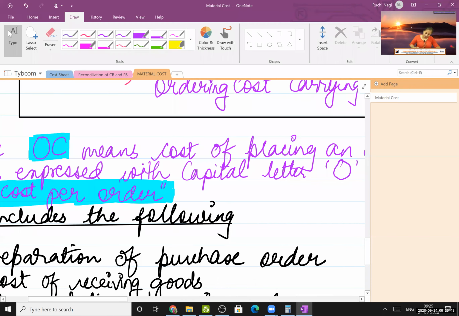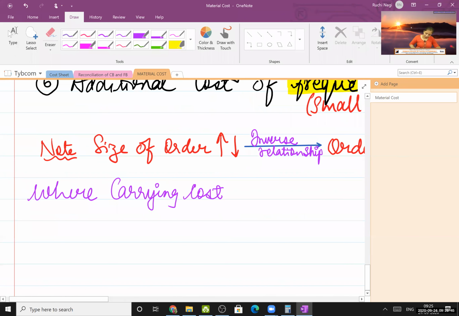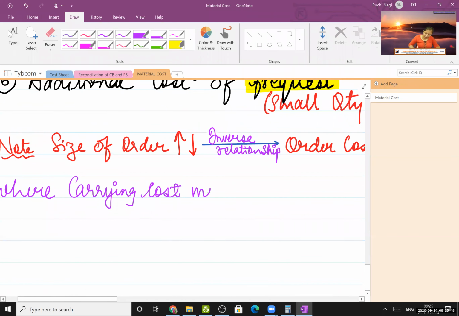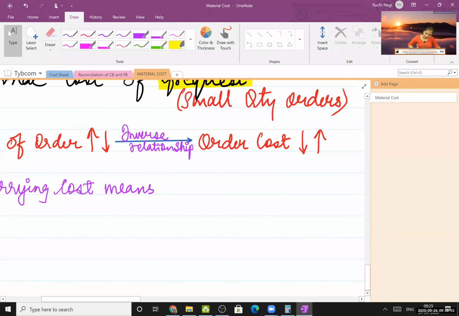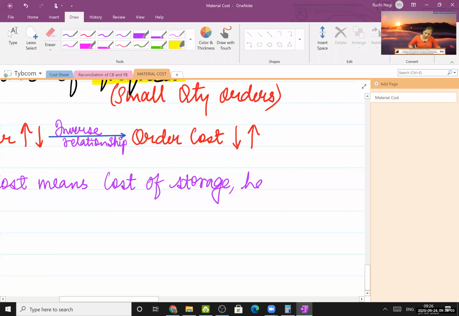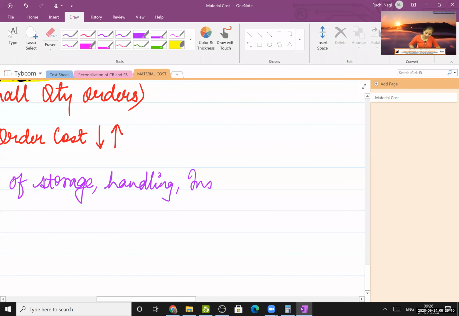Carrying cost means cost of storage, okay, cost of storage, then handling of the material, and even insurance comes under carrying cost because it is for maintenance of material. Yeah, insurance.